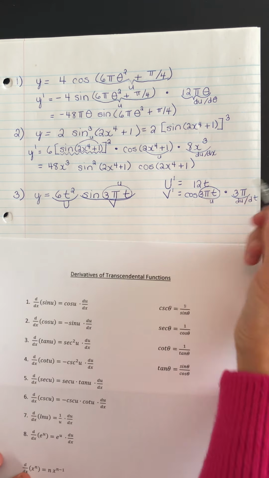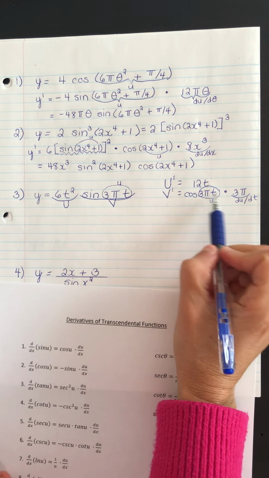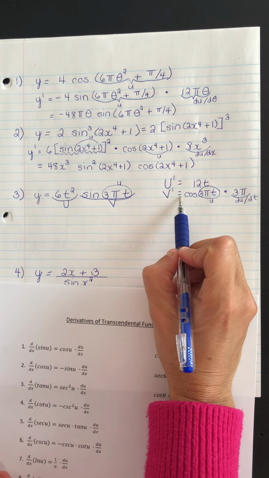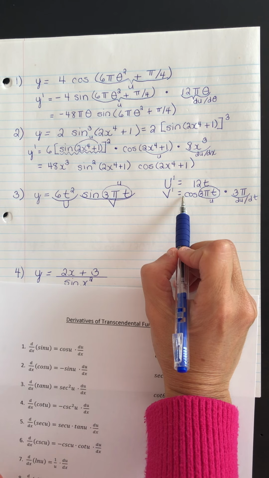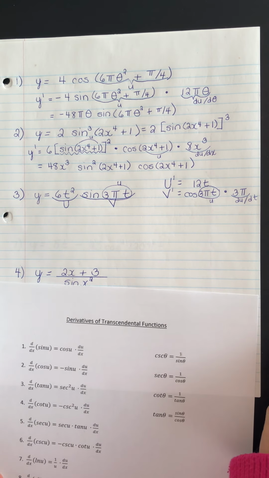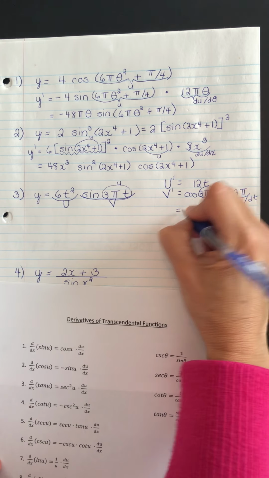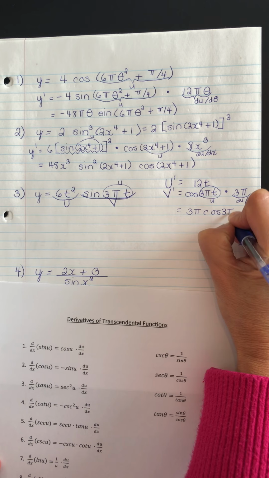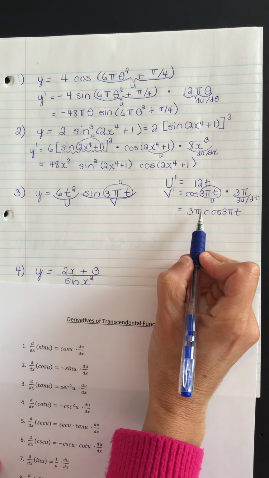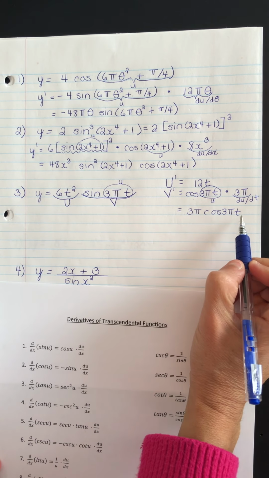Okay, a more natural way to write this is with the 3 pi in front of the cosine term. Okay, so 3 pi times the cosine of 3 pi t. So that's what I'm going to use for my v prime. Okay, so the constant in front of the trig function.